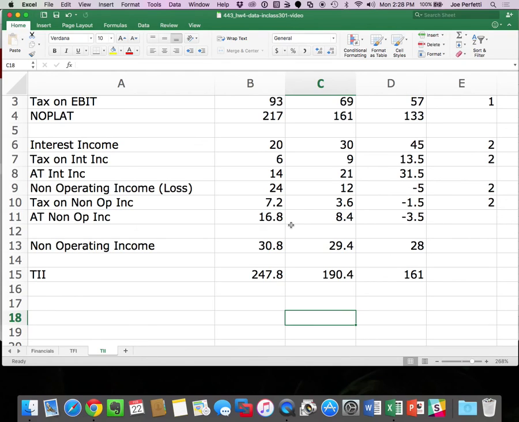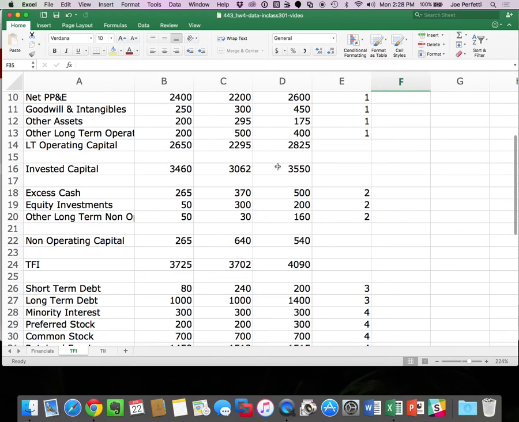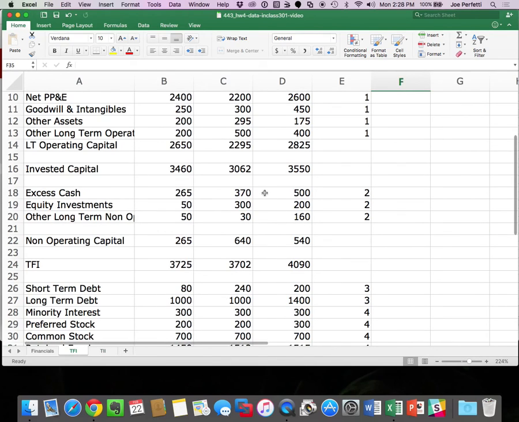But think about what we've just created, right? What we've just created is I have this operating profit, which is coming from these operating investments. I have this non-operating profit, which is coming from these non-operating investments.